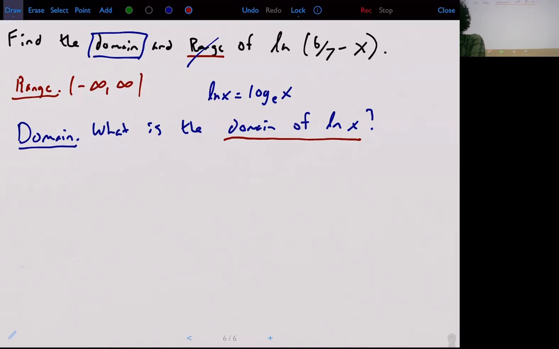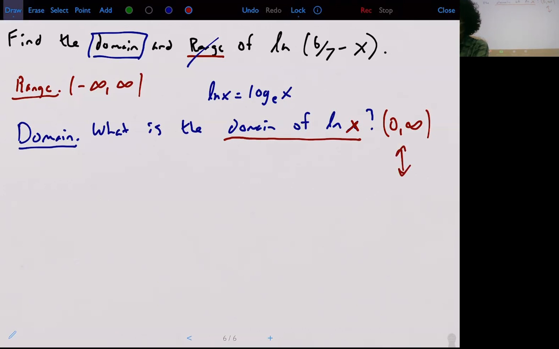What values can we plug in for x to make this true? Yeah, right? So the condition that we want is these values have to be positive numbers. So the domain of the natural log of x is always going to be 0 to infinity.